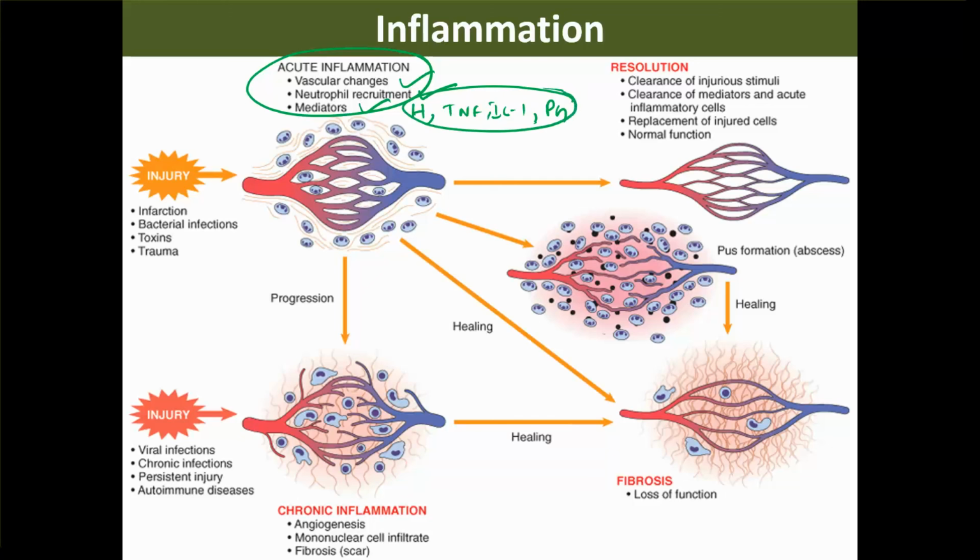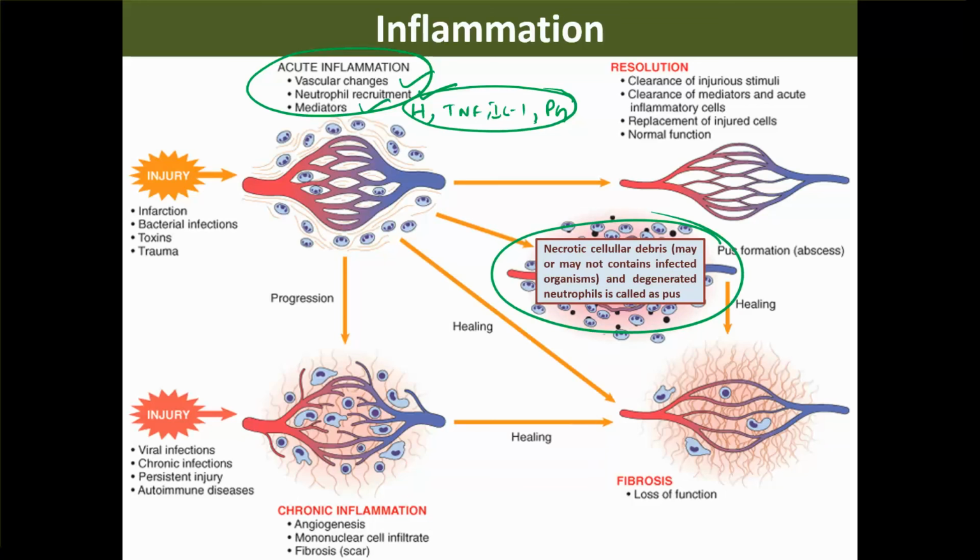You should know at least these 4, and this ends up with abscess formation, with pus formation. This is the definition of pus: neutrophilic cellular debris, which may or may not contain infected organisms, and degenerated neutrophils are called pus.